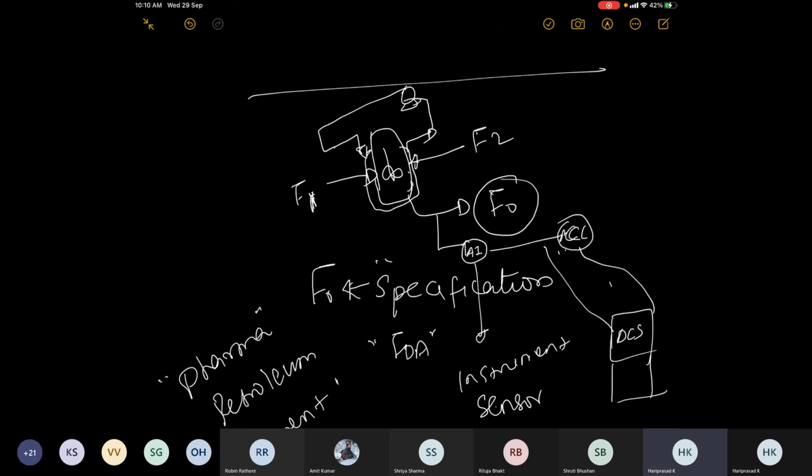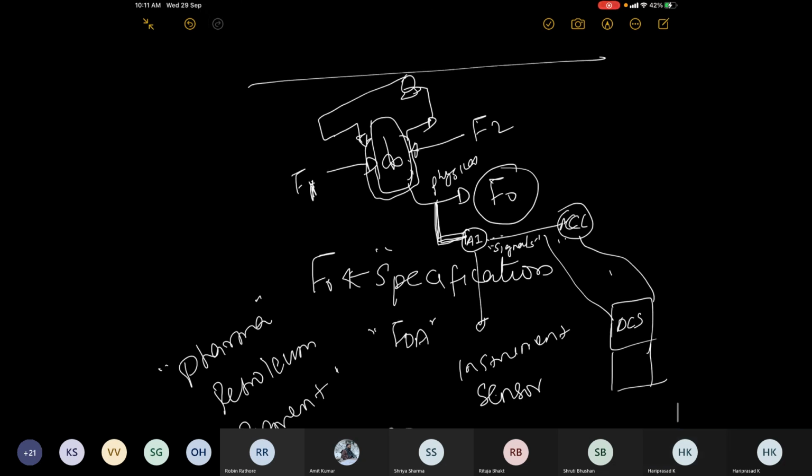Okay. So now here, this is your physical variable, and from this point onwards, generally a sensor or analyzer would be used. This is a physical line going into the sensor. This is a physical line. From here onwards, it would be signals, because the sensor would convert your physical variable into a corresponding electrical signal.